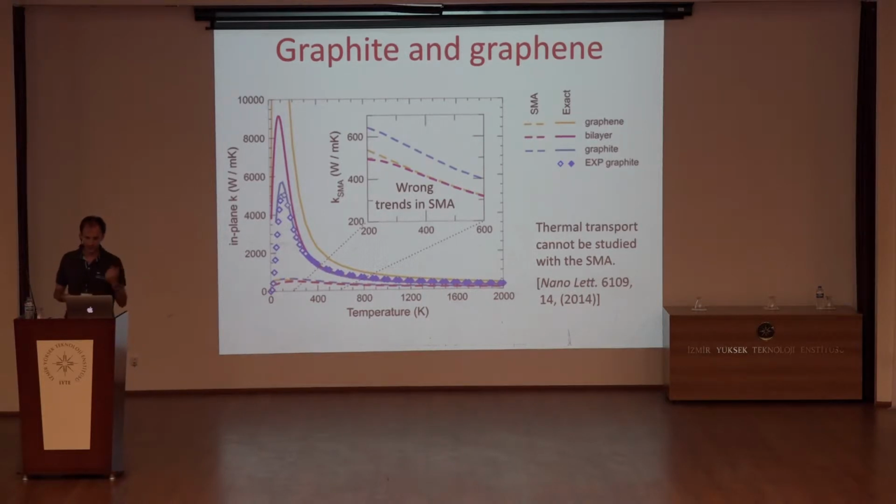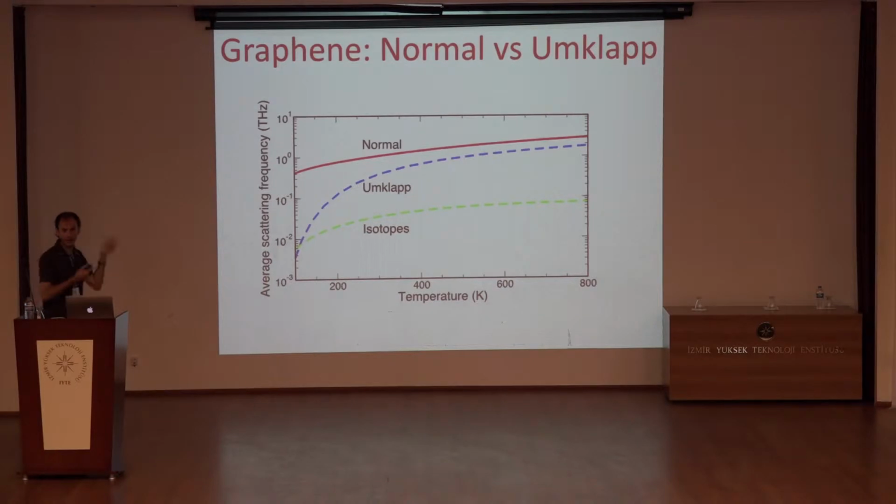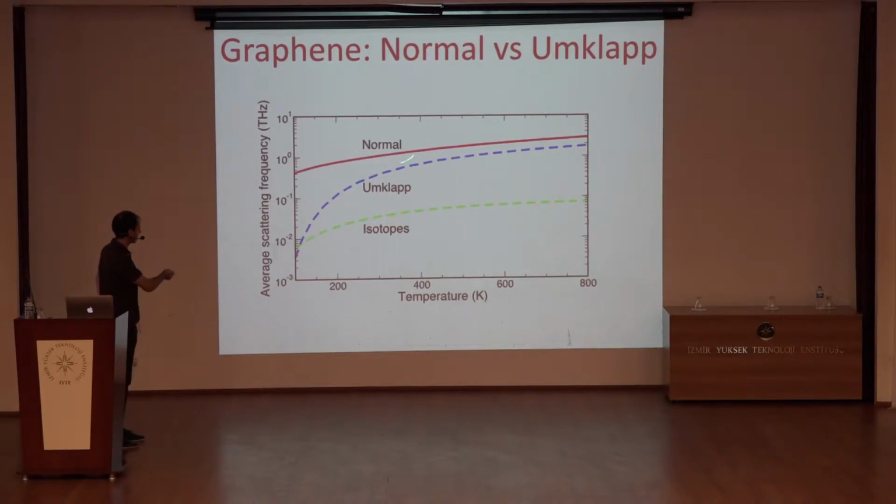Of course, the reason you see this behavior can be traced back to the presence of normal processes. Here I'm plotting the average scattering frequency for different processes, distinguishing normal, Umklapp, and isotopic scattering events. You can see that at any temperature, the normal processes, the red line, take place with the highest frequency.